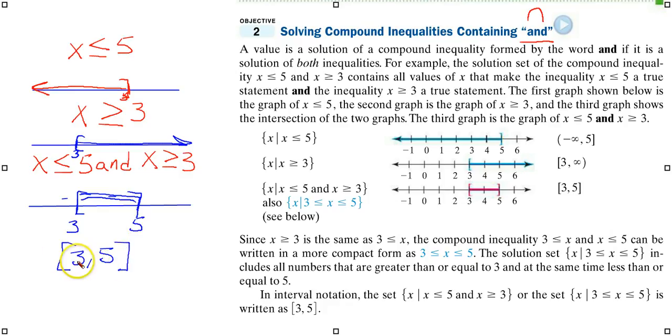And placing that in set builder notation, this is what they are illustrating here. So anytime we're solving compound inequalities and they contain the word "and," which is intersection, it's where their lines would overlap on a graph. And we've done things like this in the previous lesson. This is how it's illustrated to show intersection.